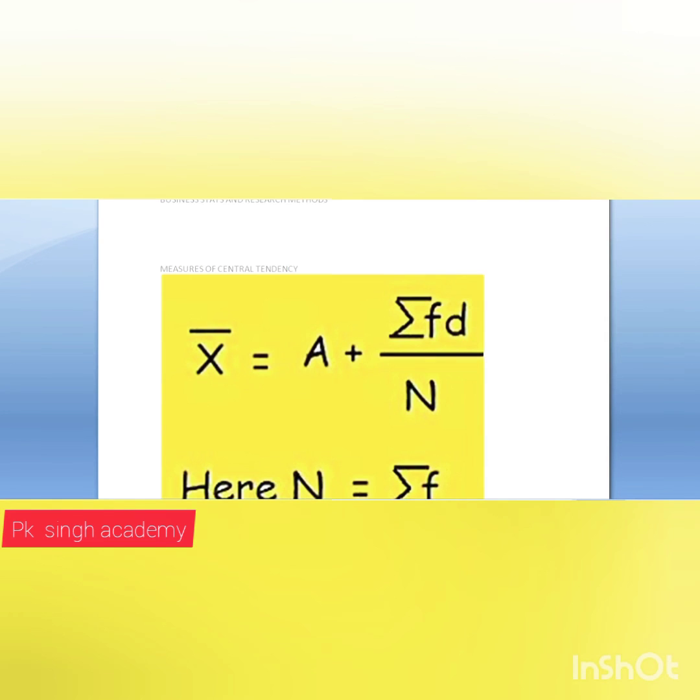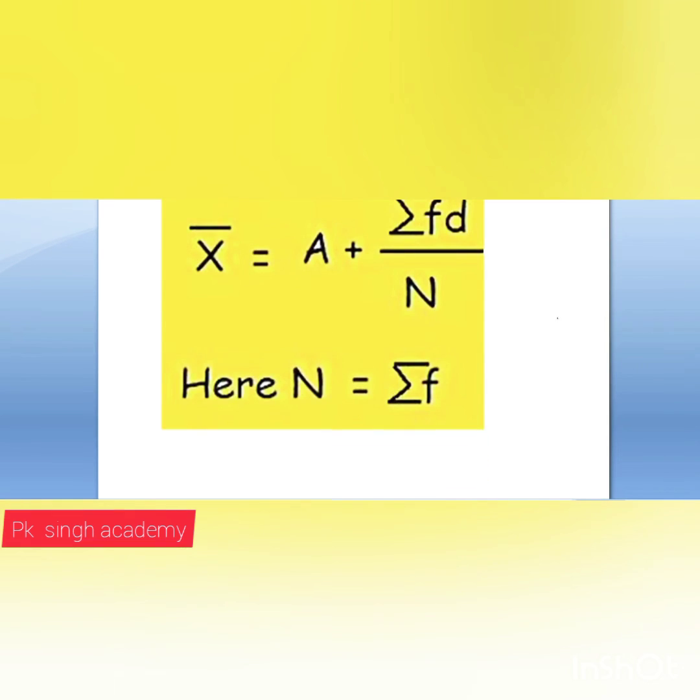Now is the assumed mean method, or we can say the shortcut method. Here in the shortcut method, just remember the formula. No question has been asked in UGC NET till now, but I am explaining to make it clearer.